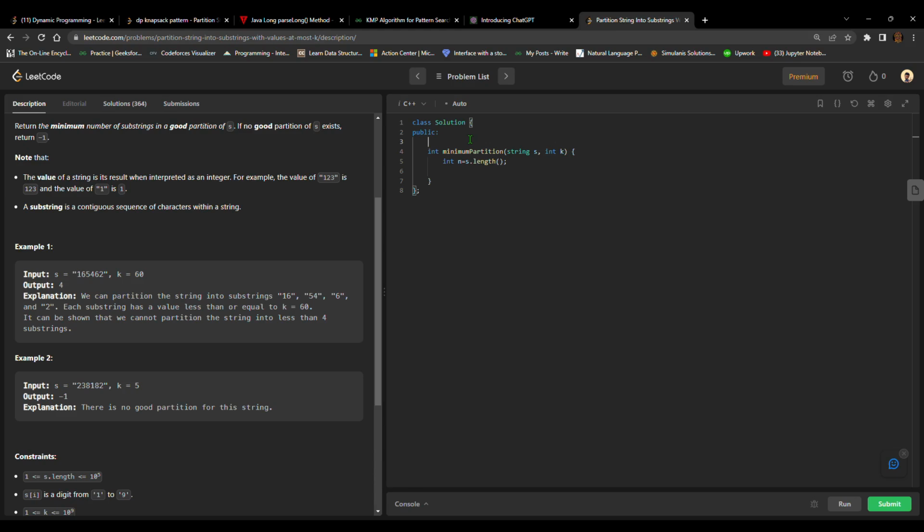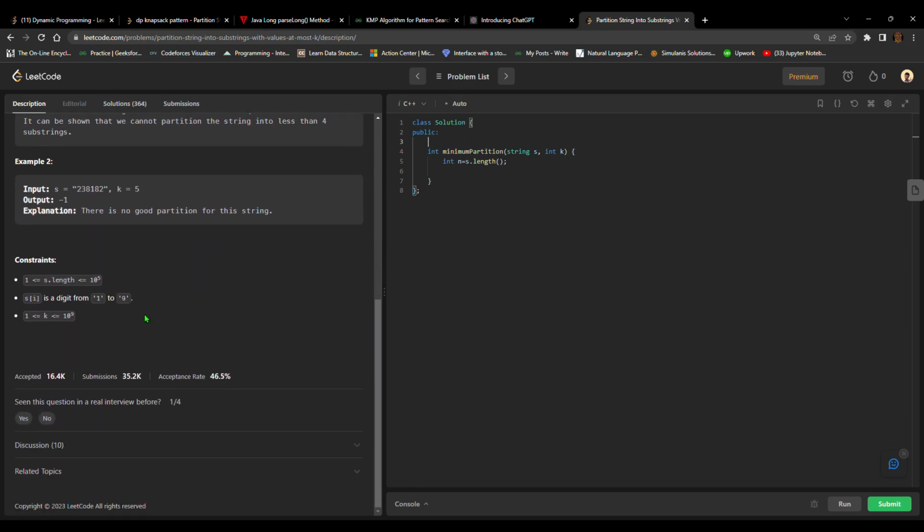For the time being, because I can see that the constraints for the length range from 1 up to 10 to the power 5, for now I can just take it as int. Let us see what really happens. My function would be called a helper function.